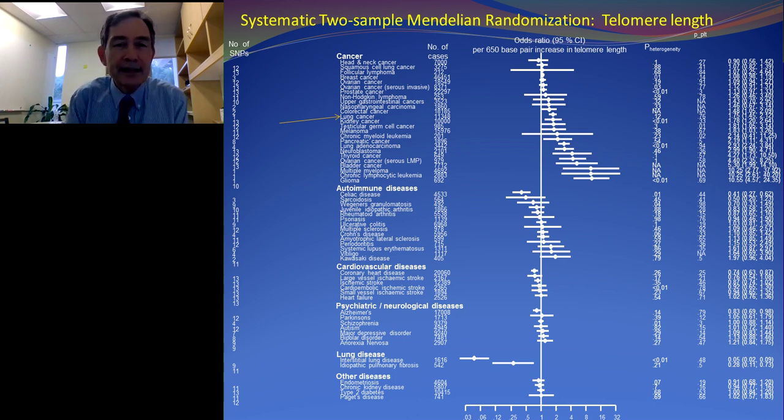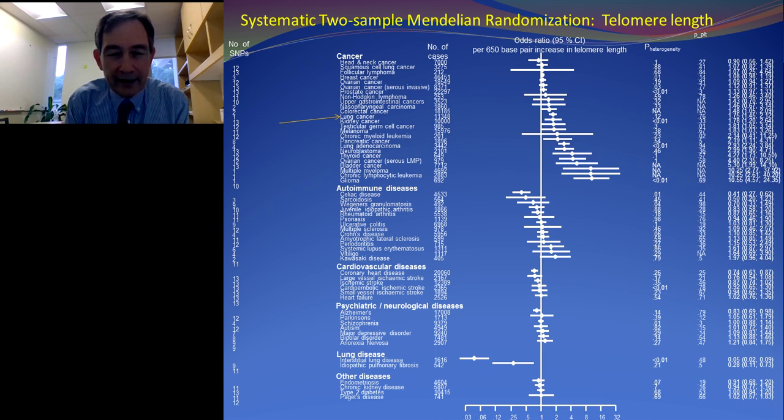In this slide, what's being done is comparing telomere length versus lots of different diseases, and lung cancer turns out to be the most significantly associated outcome for telomere length, so it's definitely bad. It's also bad for lots of other cancers, especially bad for glioma.